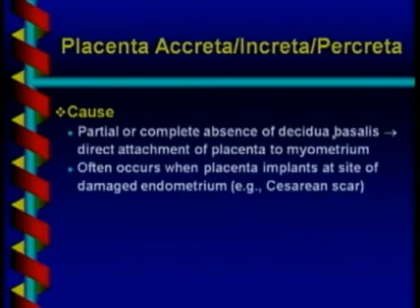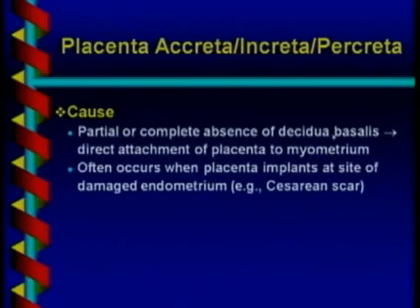Placenta accretas, or their variants, are caused by partial or complete absence of the endometrium, which turns into the decidua during pregnancy. Normally, the endometrium prevents the placenta from coming in contact with the myometrium.